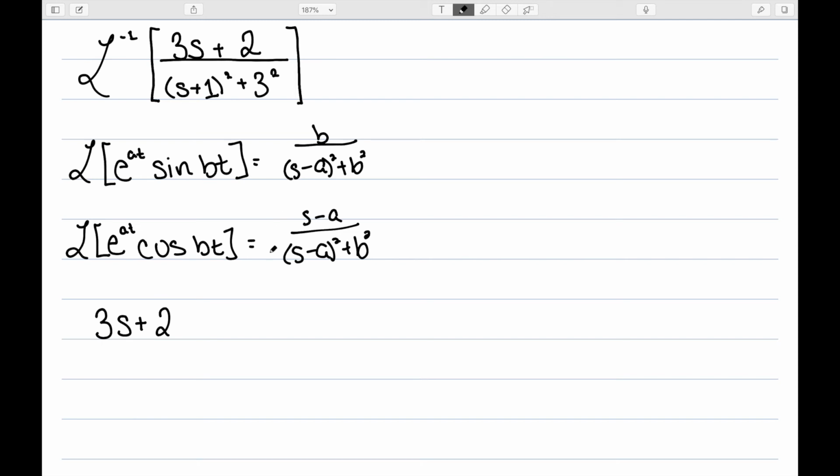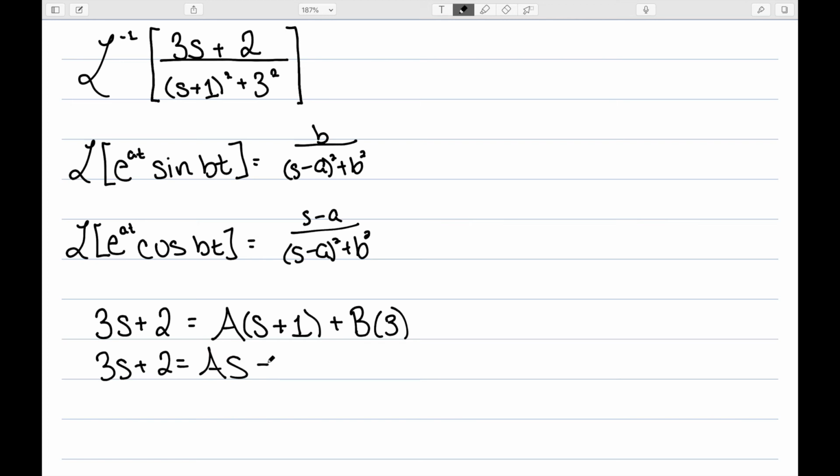We want it to be some multiple of s minus a, so we're going to use a capital A times s minus, in this case, it would be -1, so s plus 1. And then we also need a multiple of this number here, which would be 3, so we need b times 3. Multiplying this out, I have As plus A plus 3B.